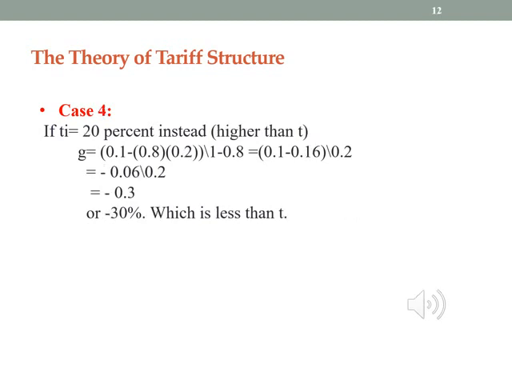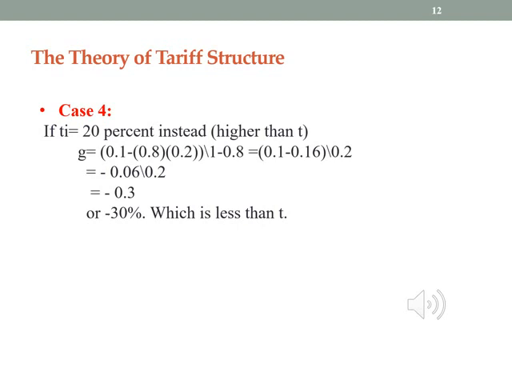And now in case 4, let's again calculate the effective rate of protection, but using a new nominal tariff rate on the imported materials, which is higher than the nominal tariff rate imposed on the imports of the final commodity. So now we will assume that TI is equal to 20%, which is higher than T, which is equal to 10%.